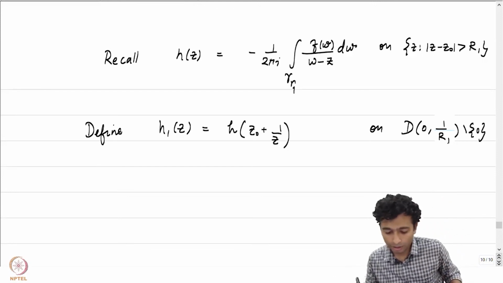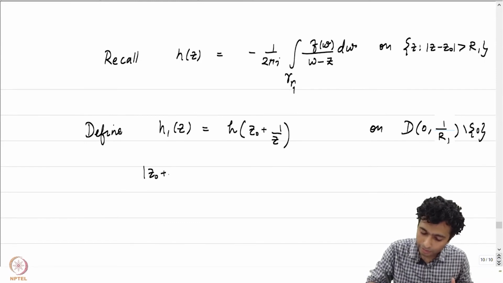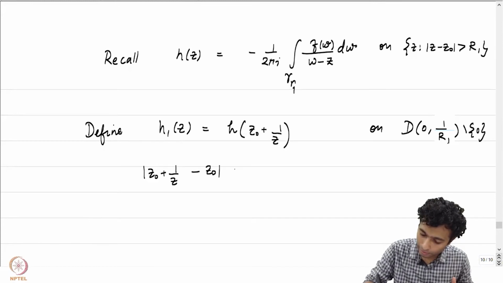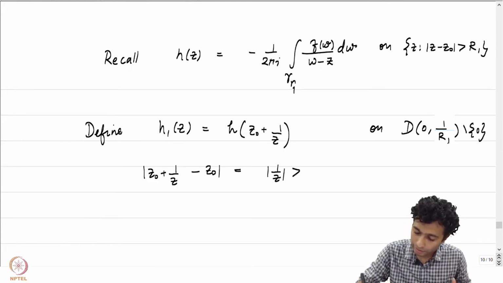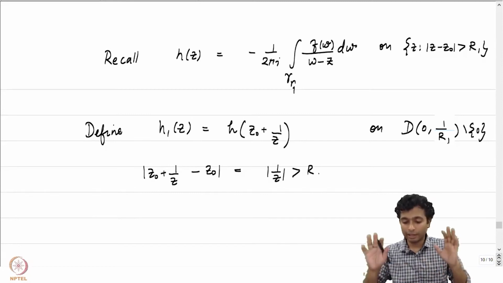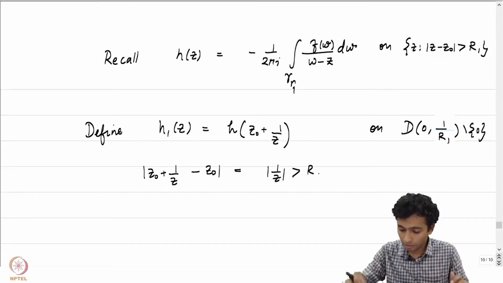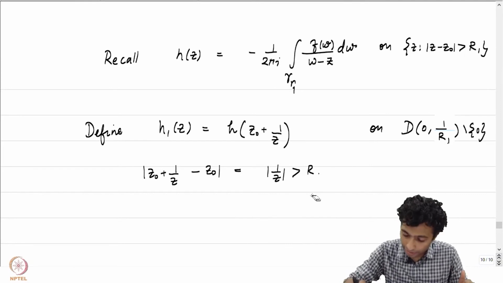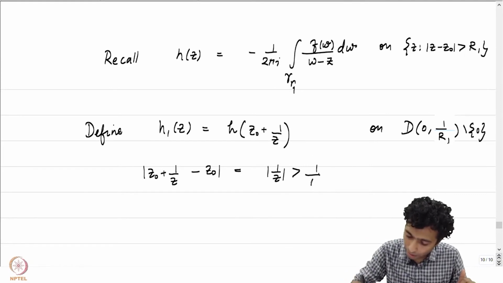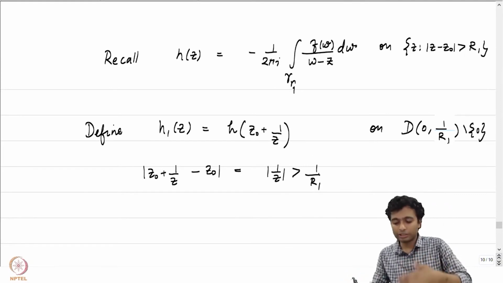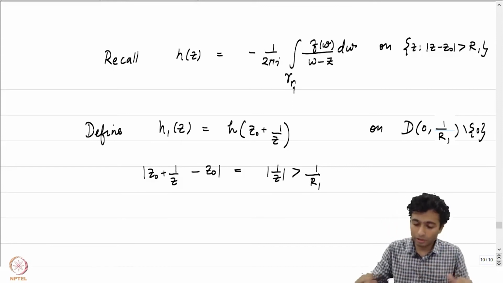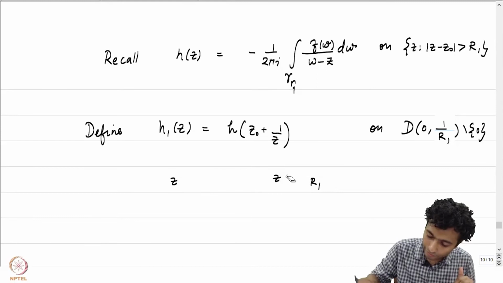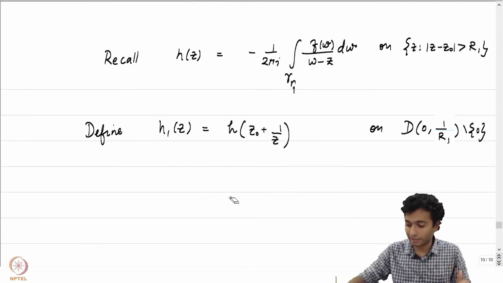If you notice, the absolute value of z0 plus 1 by z minus z0 is going to be equal to the absolute value of 1 by z, which is greater than r1. So it is well defined. That's because mod z is less than 1 by r1, so 1 by mod z is going to be greater than r1. So this is exactly the place where our function h is defined. So this makes perfect sense.